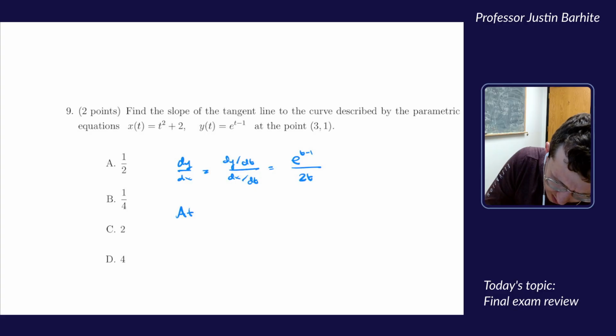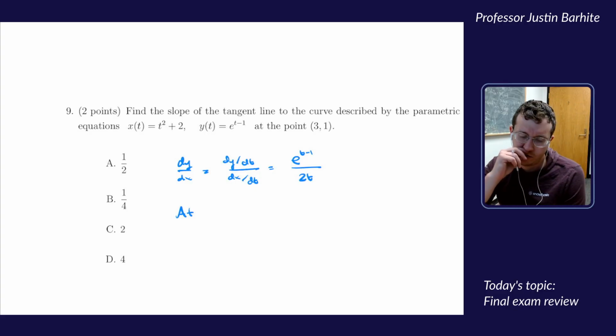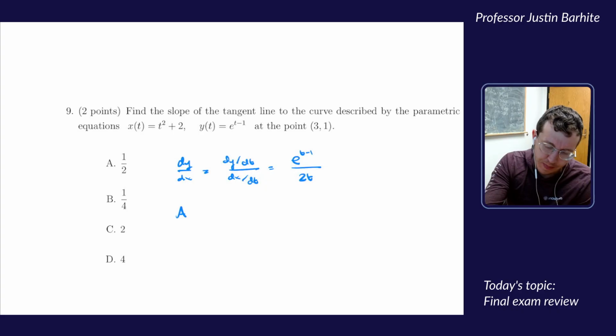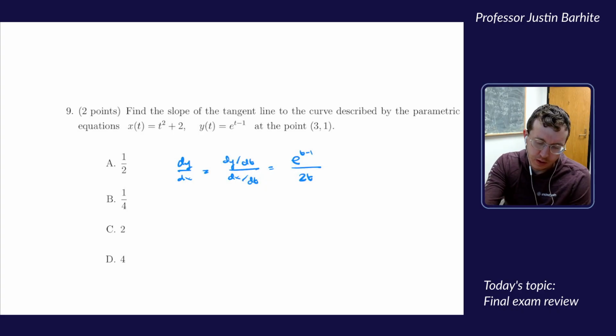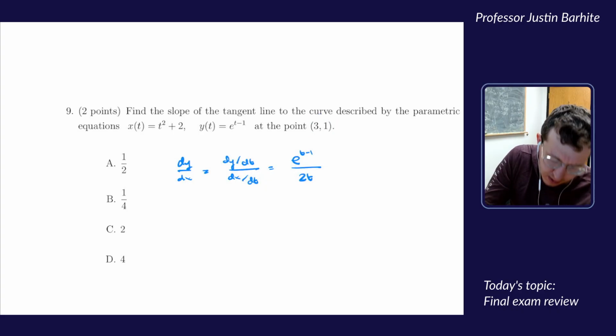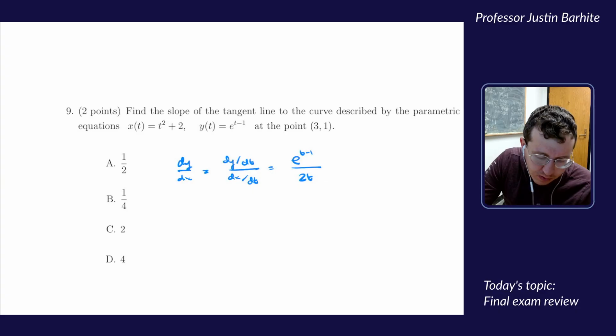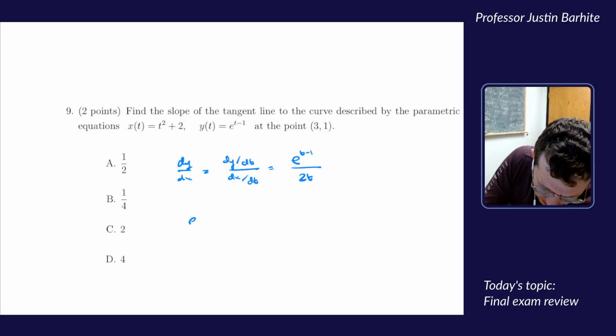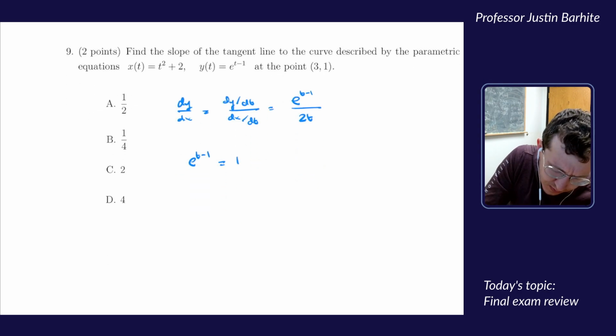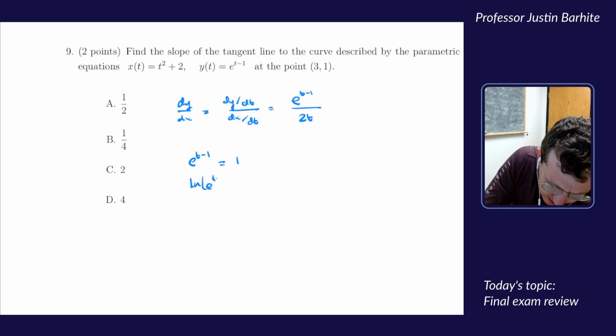At, oh, I guess we have to find the value of t that gives us the point (3, 1). The y value is going to help us out. We could also try to solve with the x value too, but if I know that the y value, e^t minus 1, is equal to 1, then taking the ln of both sides, I get t minus 1 equals 0, so t is 1.